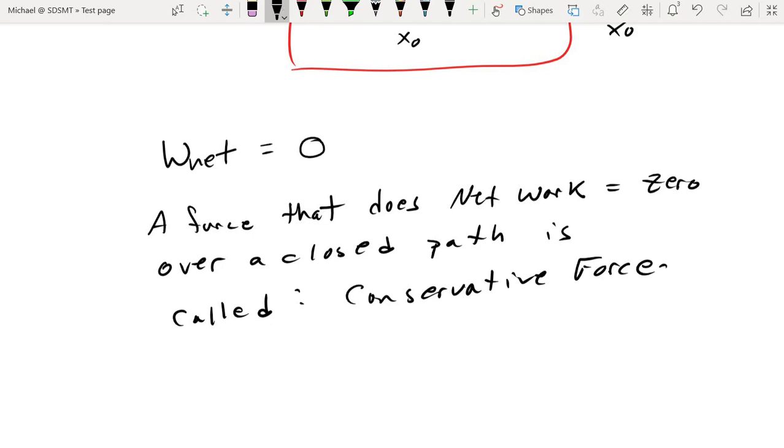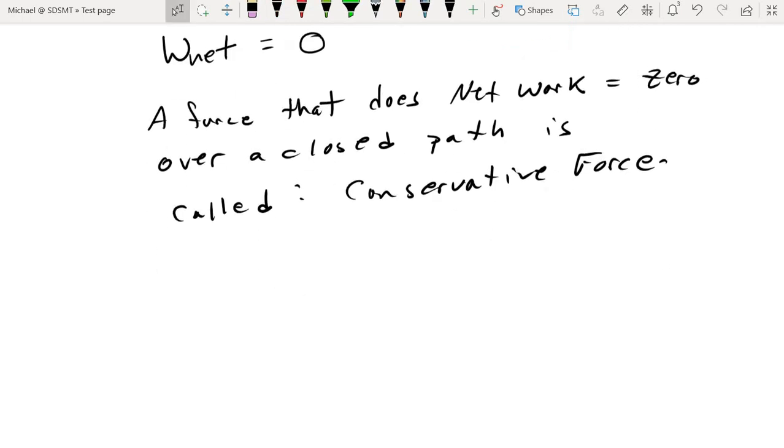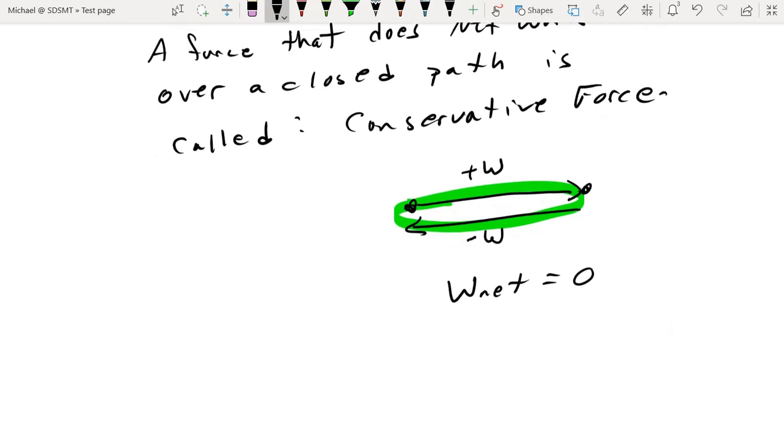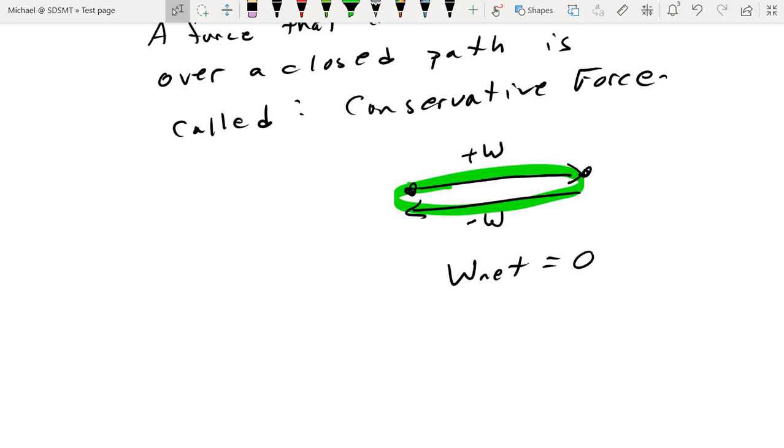Because what we are doing when we move from one location to another and back again, if we are doing equal and opposite amounts of work during that closed path, it means that we are conserving the energy of the object.